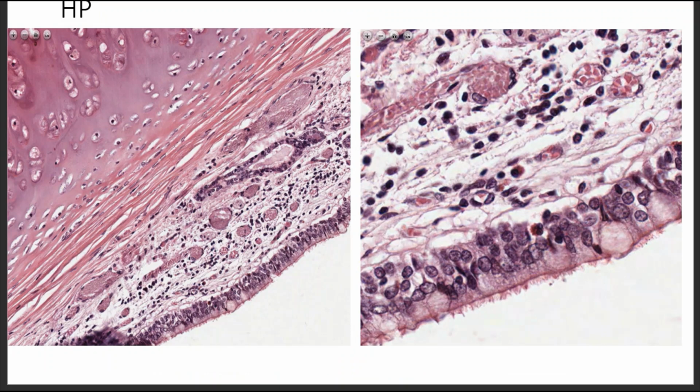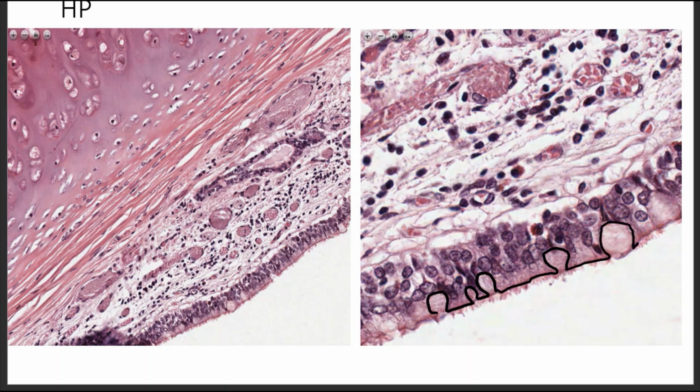So this is medium power, and then this is high power. At high power, you've got columnar cells here. You can't really tell if it's one layer or multiple layers, so it's pseudostratified columnar. But you notice something: there are goblet cells. So this is a columnar cell, goblet cell, columnar cell, goblet cell, columnar cells, goblet cell, columnar cell, goblet cells.